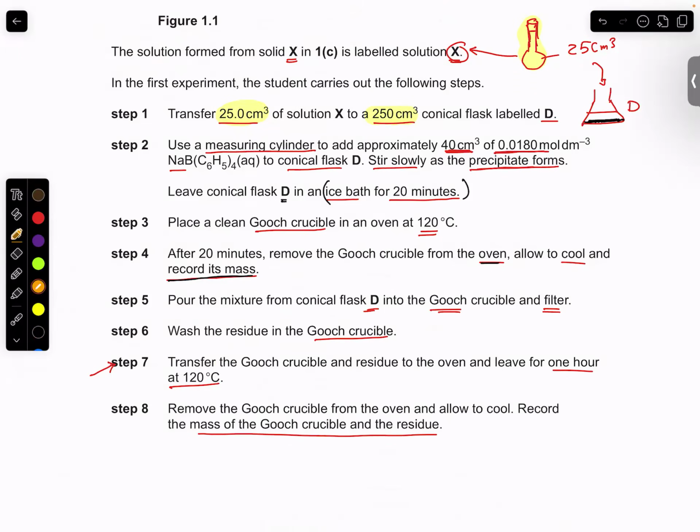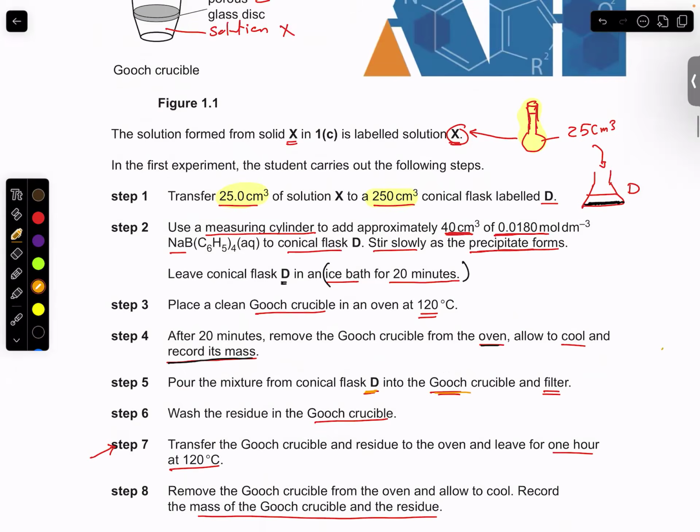Pour the mixture from conical flask D into the crucible, which has a filter.